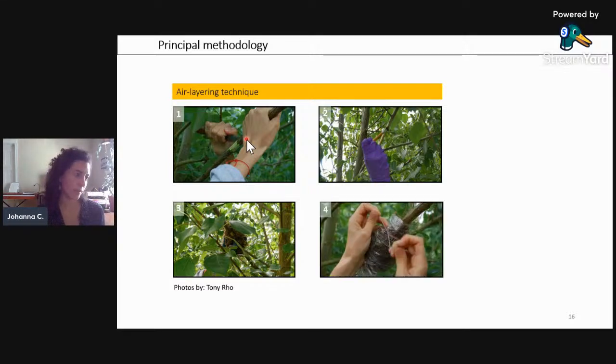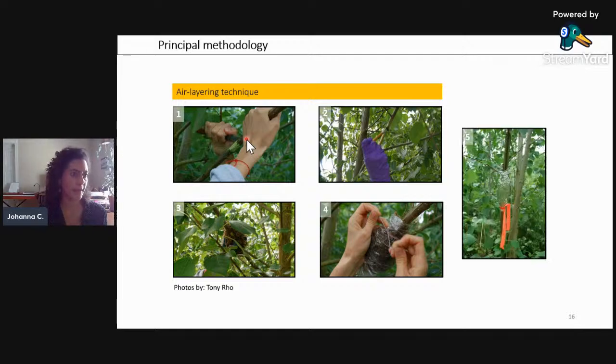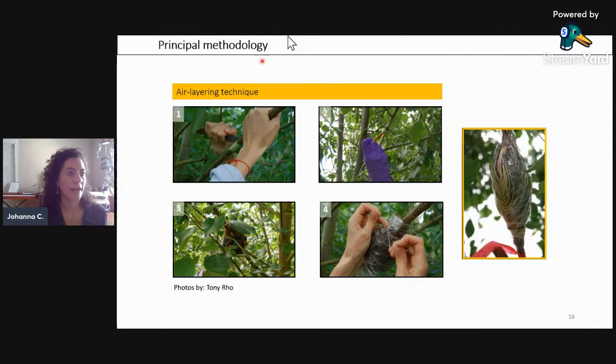Then we cover it with plastic wrap, and then with aluminum foil just to simulate dark. So it's kind of like a fake soil there. After a month, we got our canopy roots. With these canopy roots, we were able to do some experiments inside the greenhouse and also at the nursery, easily done in the field.